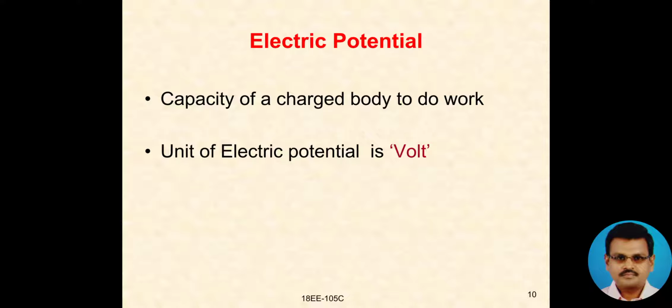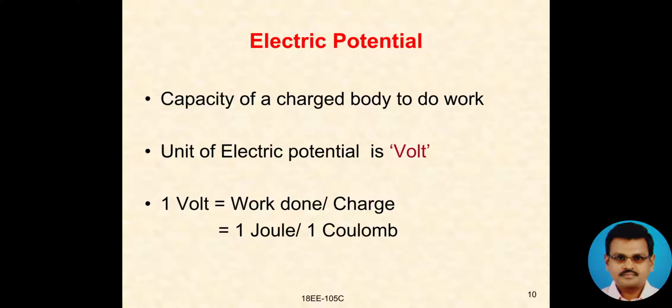So the capacity of a charged body to do work is called electric potential. Unit of electric potential is volt. 1 volt is equal to work done per unit charge. Work done is in joule and charge is in coulomb. So 1 volt is equal to 1 joule per 1 coulomb. It is electric potential.